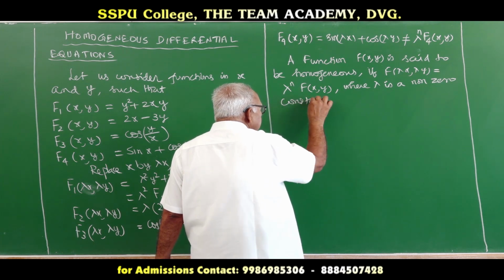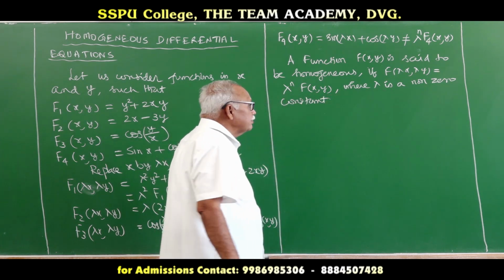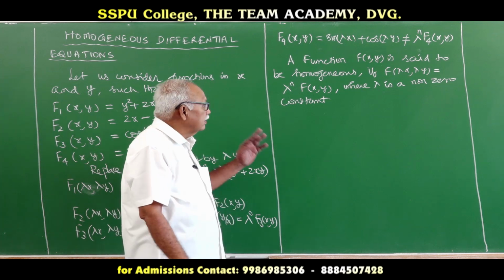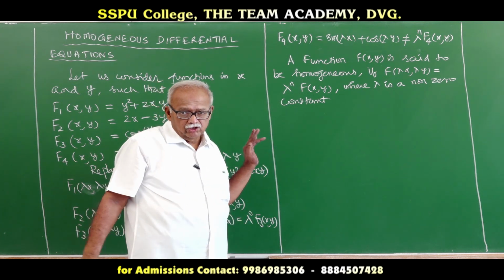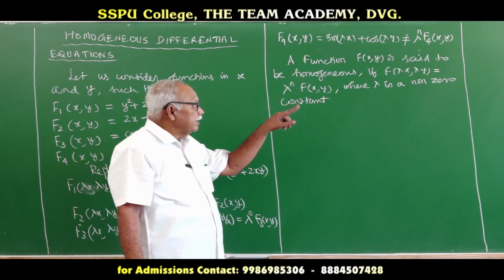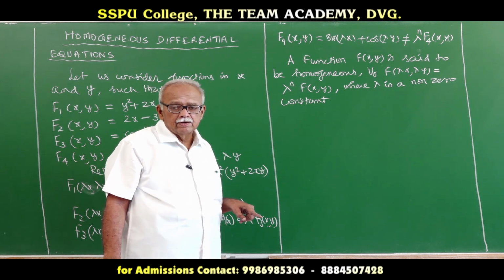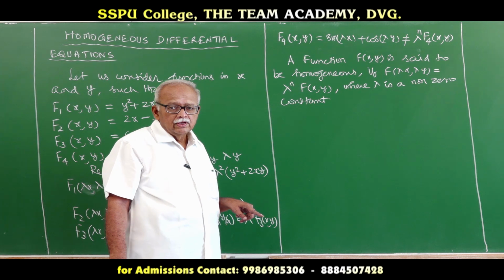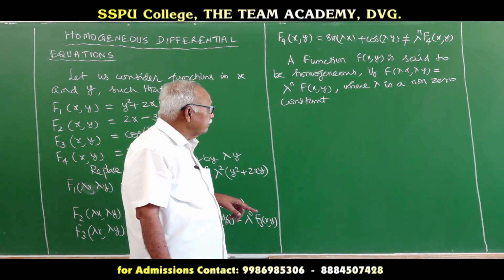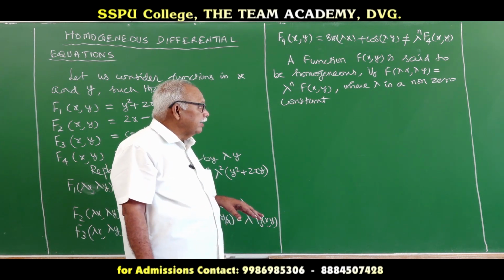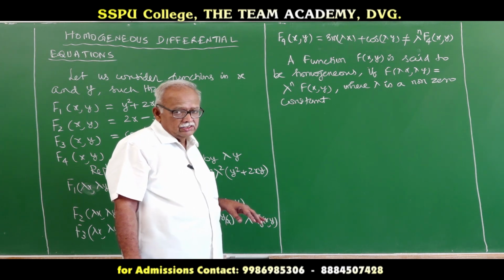So, what is the definition of a homogeneous function? A function f of xy is said to be homogeneous if f of lambda x, lambda y can be written in the form lambda power n f of xy, where lambda is a non-zero constant.